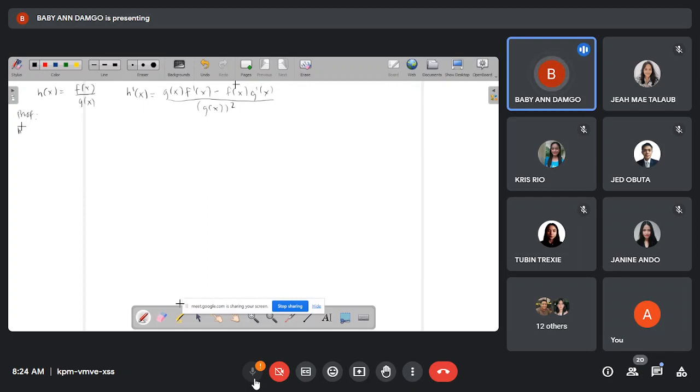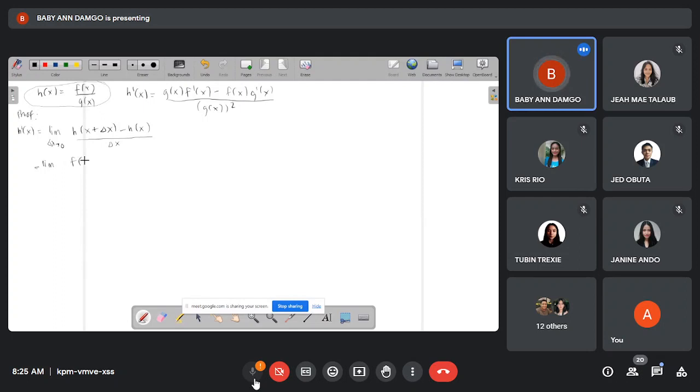Okay, so by the definition of the h prime of x, this is the limit of h of x plus the change of x minus h of x all over the change of x as the change of x approaches 0. Okay, so we need to evaluate this. So, ang buhaton, substitutan ra na ang x of x plus the change of x.